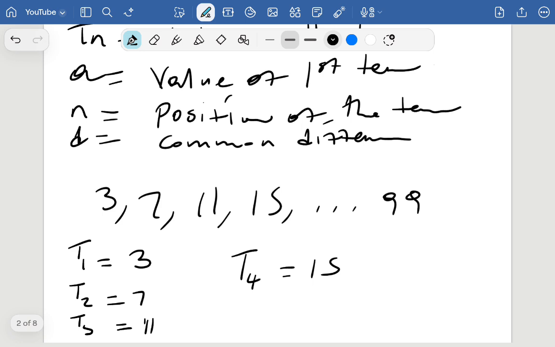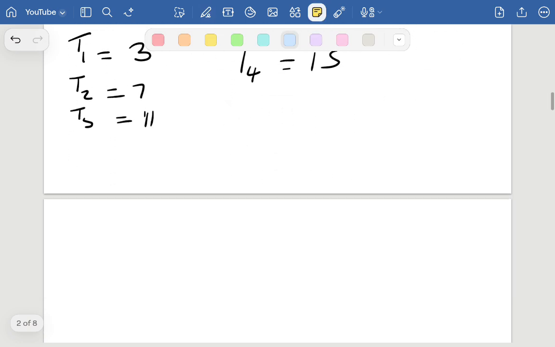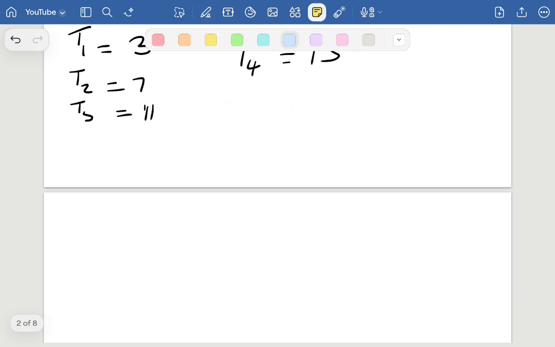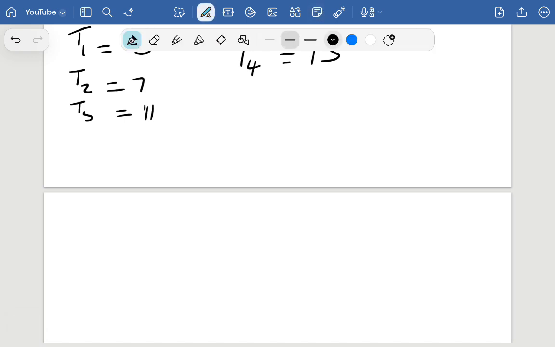So the first thing that you need to do is to find the common difference. The common difference is found by subtracting the first term from the second term. For example, our common difference d will be equal to T2 minus T1.